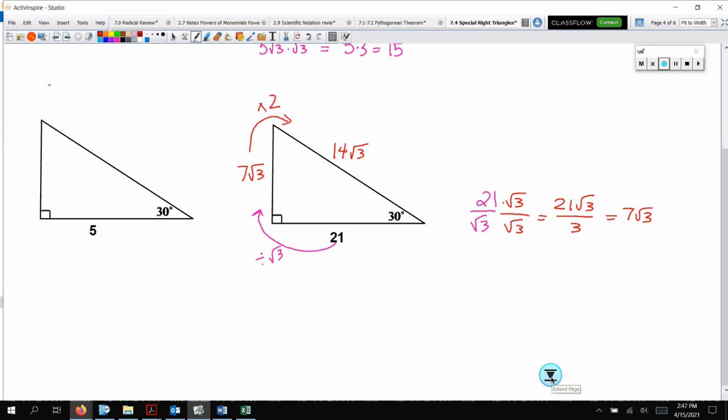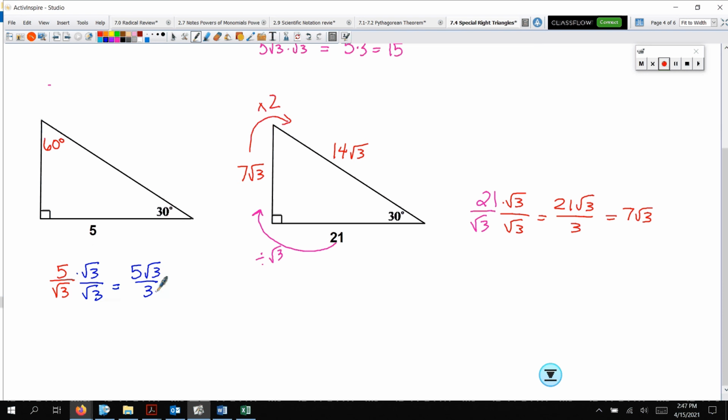This one here to the left where the long leg is 5. Remember, this is 60 degrees here. The long leg is 5. I need to divide by root 3 to find the short leg. 5 divided by root 3 is ugly. No doubt about that. So we multiply by root 3 over root 3, and we get 5 root 3 over 3.